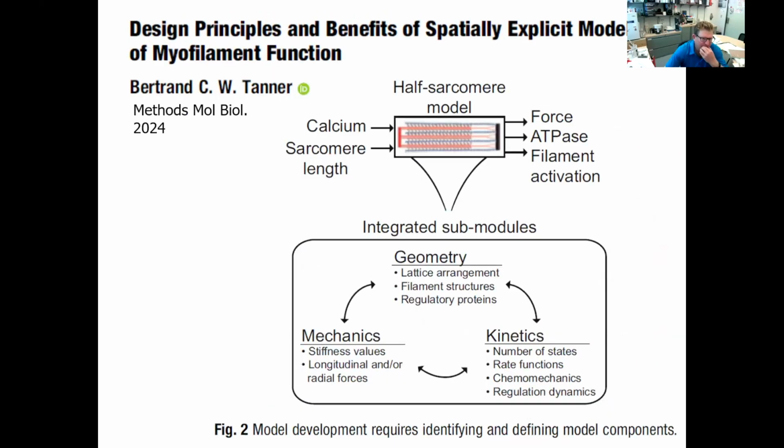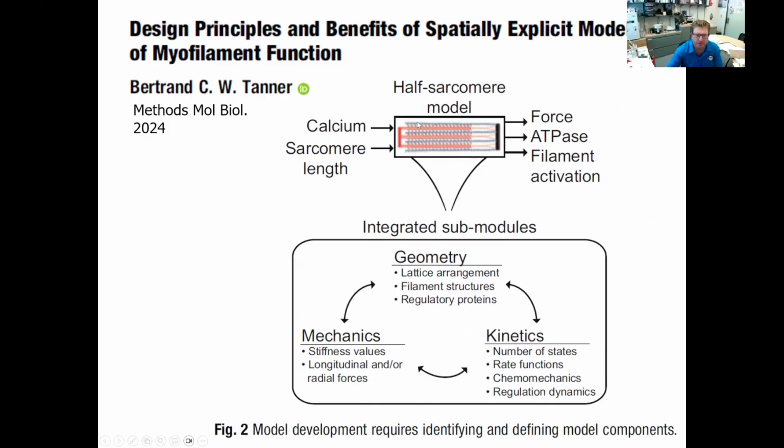And so spatially explicit modeling is one level of system interactions higher than just the actin and myosin crossbridge, where we're trying to simulate what's going on inside of a sarcomere. Most generally, you could imagine you've got thick and thin filament interactions in a system.